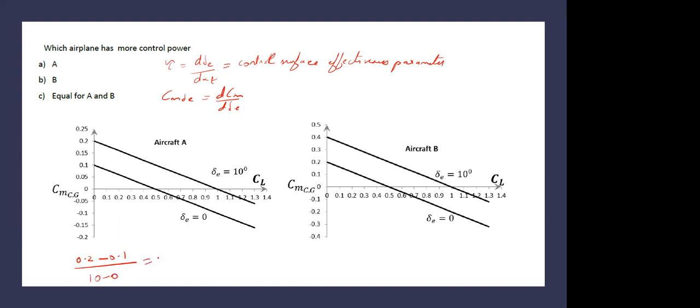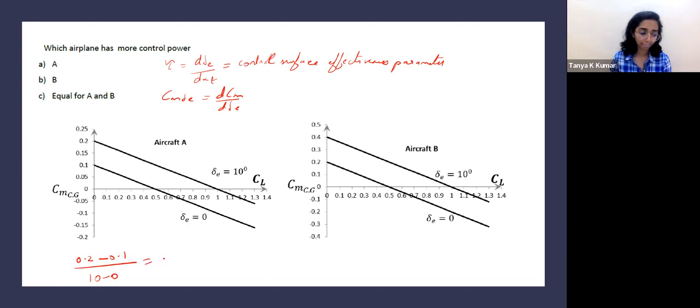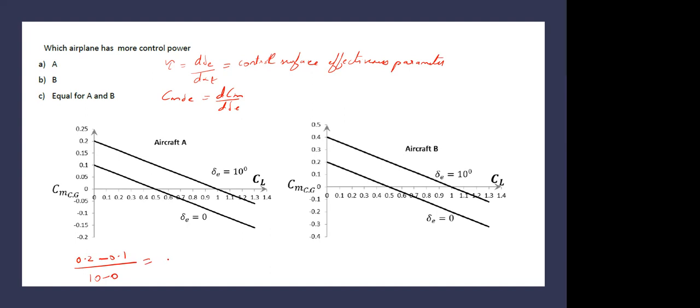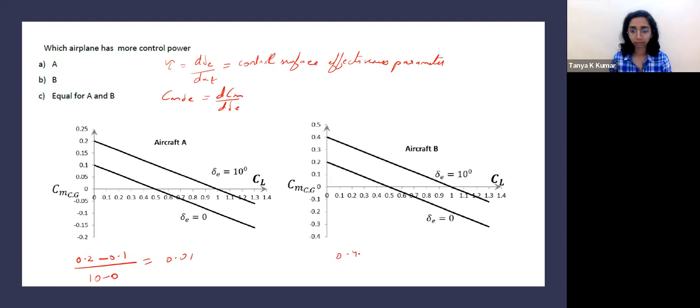So what is this value? 0.01. And for aircraft B, 0.4 minus 0.2 by 10 is 0.02.